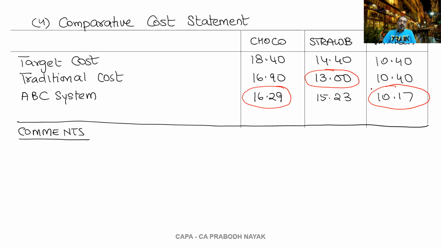For choco and vanilla, ABC is the most suitable method of costing.